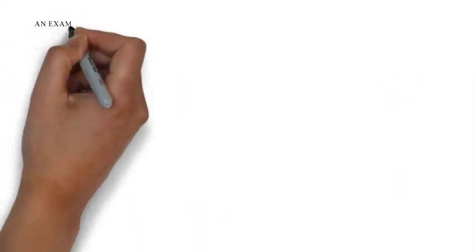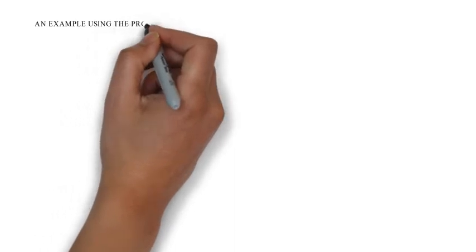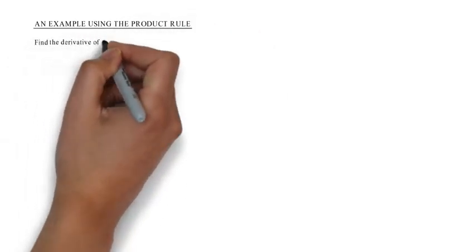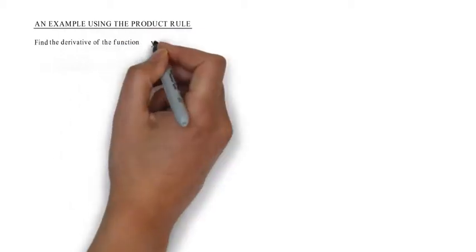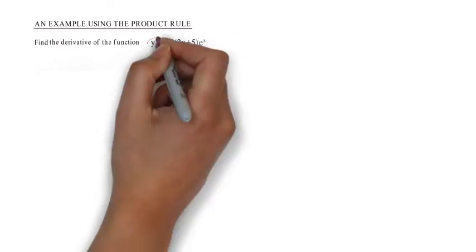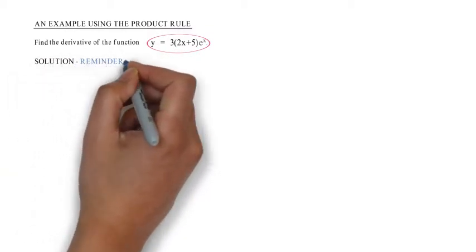An example using the product rule. Find the derivative of the function y equals 3 into 2x plus 5 times e to the x. Solution. Reminder.